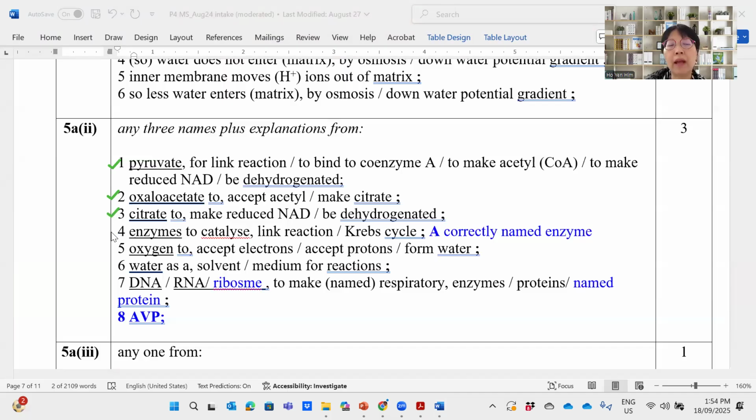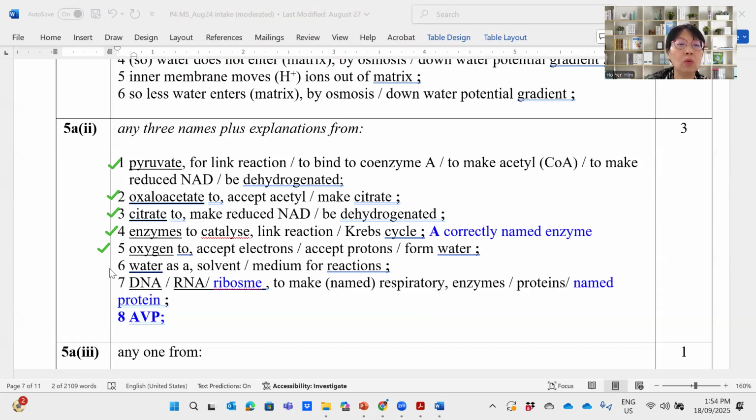Then you can also name the enzymes involved like dehydrogenase, decarboxylase, that are used in link reaction and also in Krebs cycle. Then oxygen is involved. Yes, oxygen is involved in the matrix, right? It is in the matrix near to the inner membrane that it will accept the proton and electron to form water.